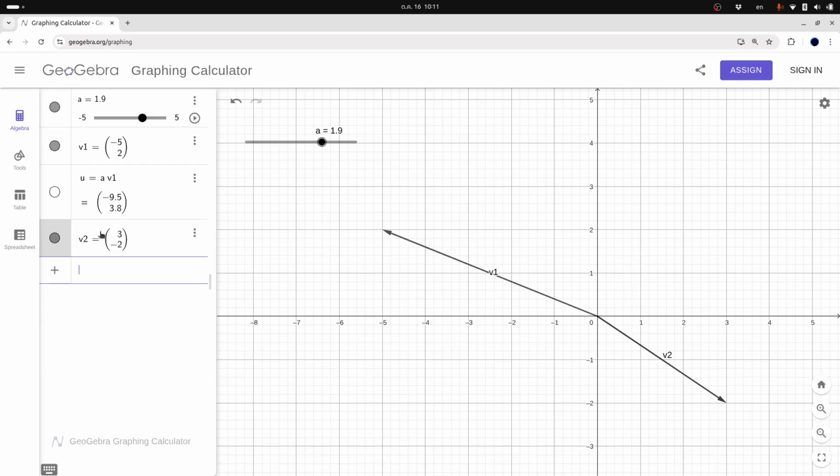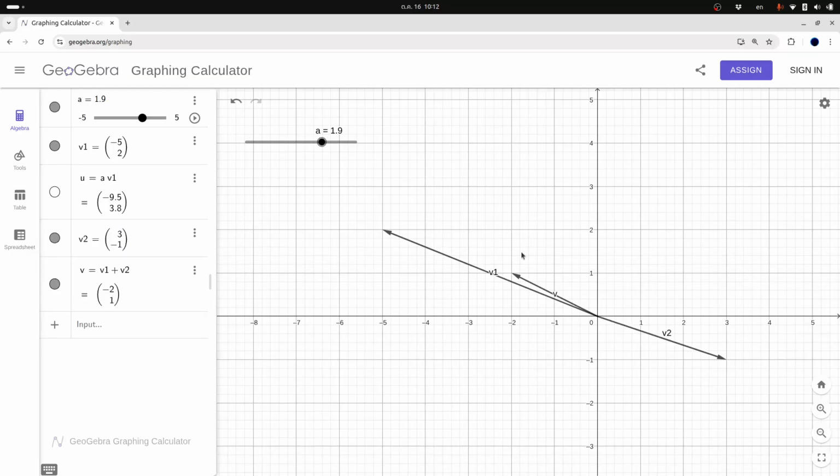So let me add them here. That's the result. Why do we have that? Minus 2. So let's change this to minus 1.